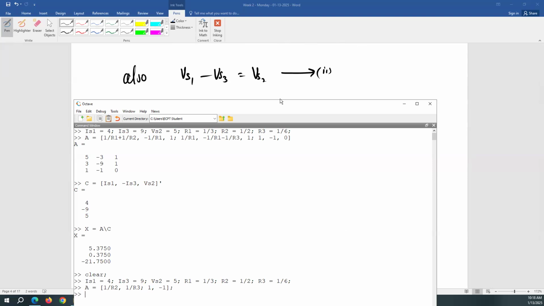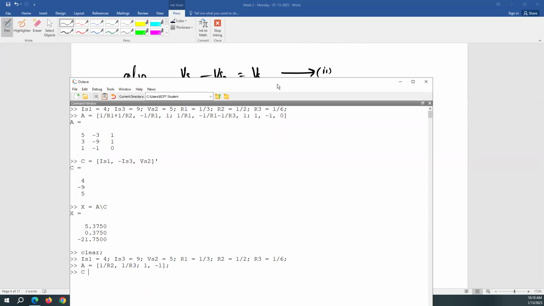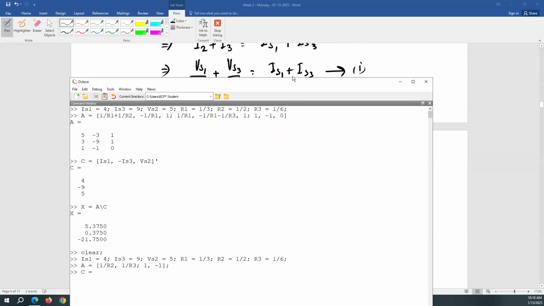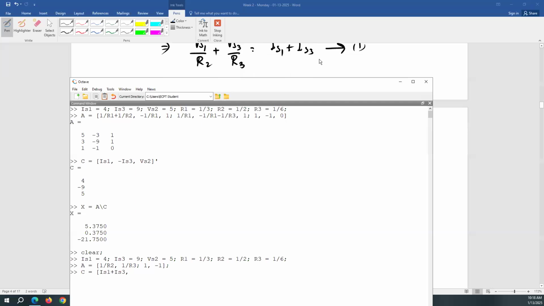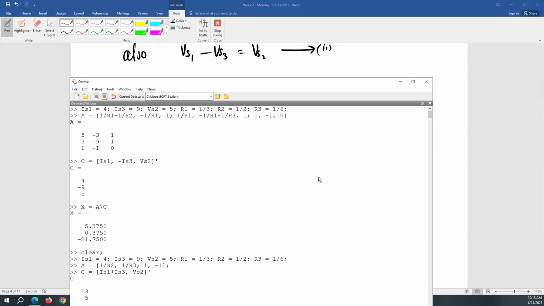And our constant vector is IS1 plus IS3 from the first one, and from the second one it is Vs. So that's our constant.